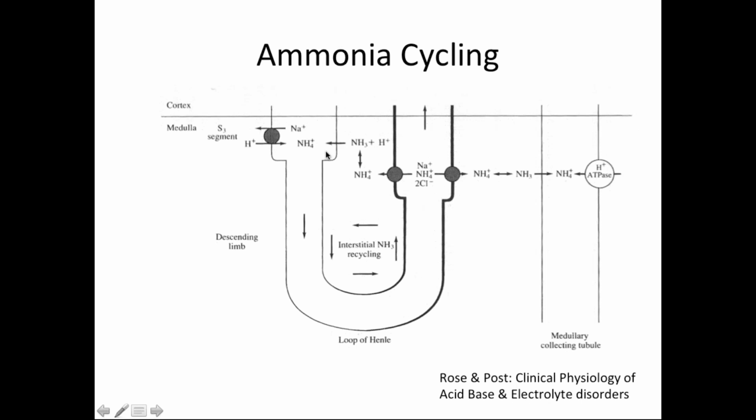If you look at the whole nephron, look at what happens to ammonia or ammonium ions. The ammonium that is generated in the proximal tubular cells goes through the loop of Henle, and then from the sodium potassium 2 chloride channel, instead of the potassium, the ammonia can get reabsorbed into the medulla, and then it can undergo cycling.